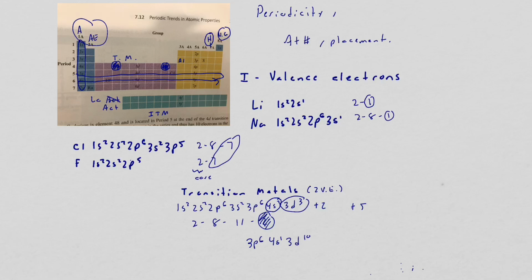So essentially, you don't finish filling this, and then you start finishing this, and having this full sublevel here makes it more stable. And that's why a lot of the elements in this column have +1 oxidation states. For example, silver only does +1, because it ends in 5s1, 4d10. I don't think it's important, but I figured I would explain that fact.